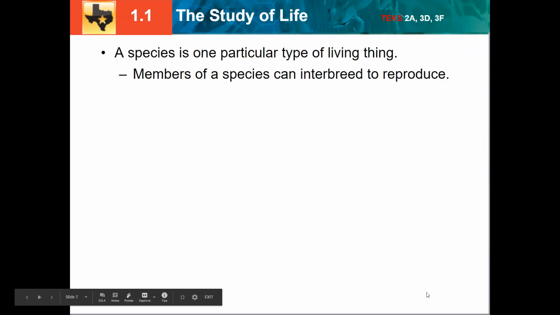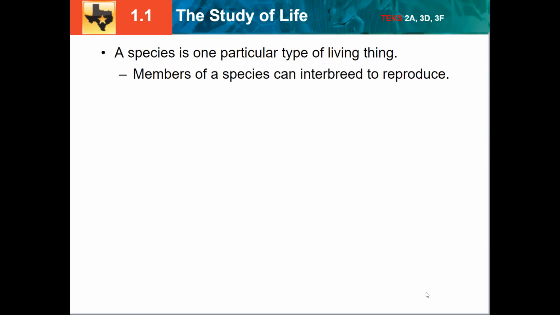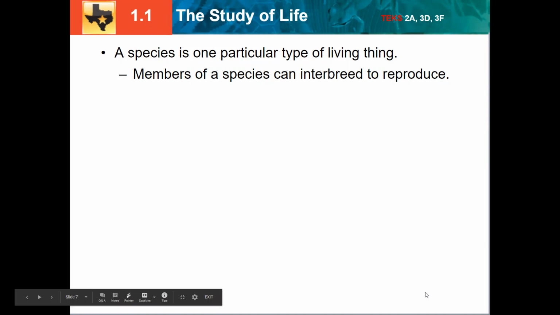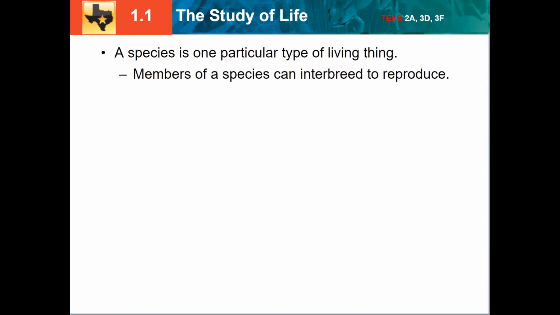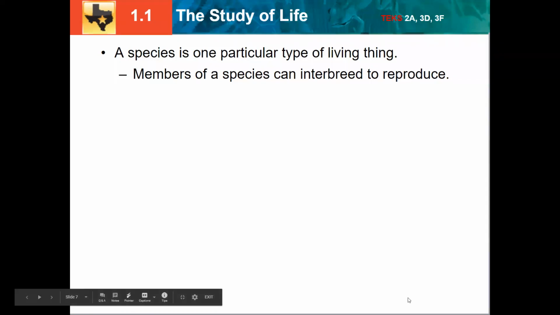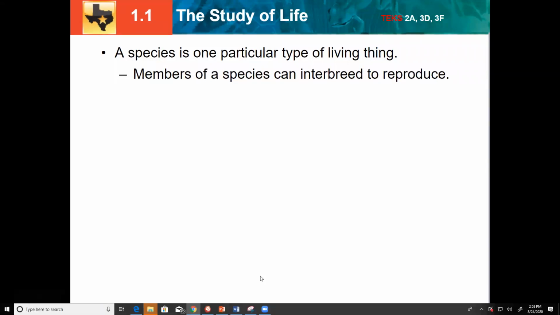If you've been around horses much, you know that if you breed a donkey and a horse and end up with a mule, the mule is always infertile. It cannot produce offspring. That's because the donkey is one species and the horse is another species. So while they can breed, their offspring is not going to be fertile and cannot reproduce.